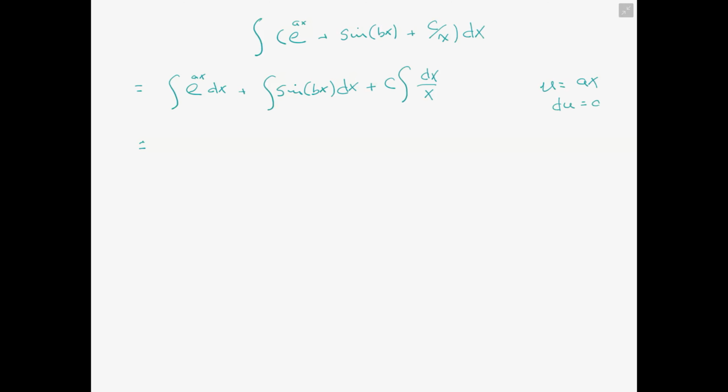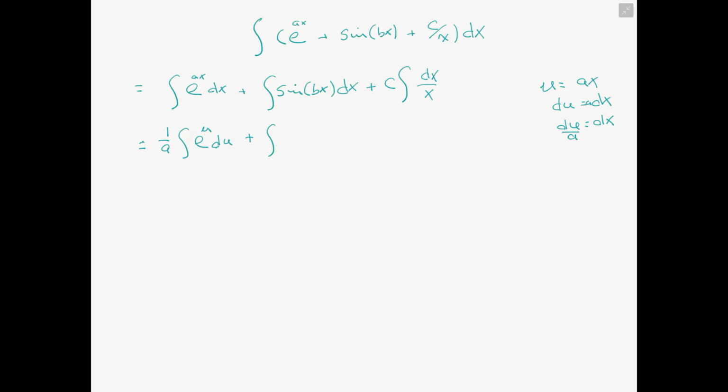The last one is simple. That's simply the ln of x. But the first one, let's take a look at u equals ax, du equals a dx, dx equals du on a.